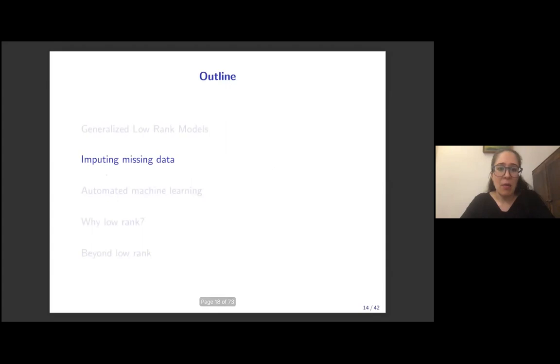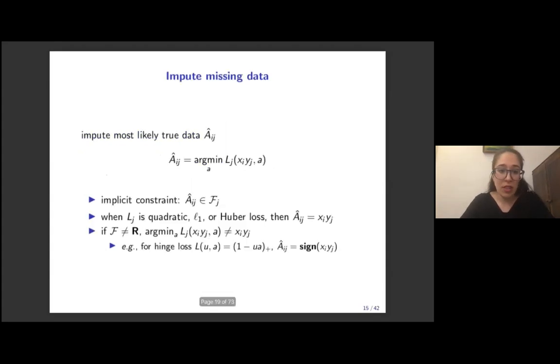Great. Okay, so let me show you how to use this to impute missing data. Now if we want to impute missing data and our data has heterogeneous types, we better make imputations that are of the right type. Now X times Y is a number. It's not of the right type, unless we've got numerical data. So to impute the most likely true data, we again rely on the loss function.